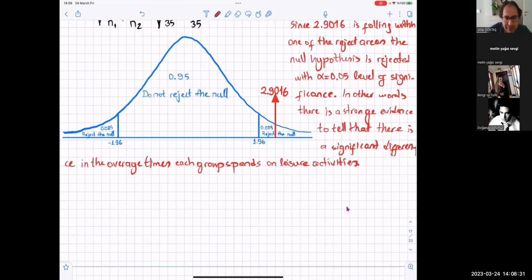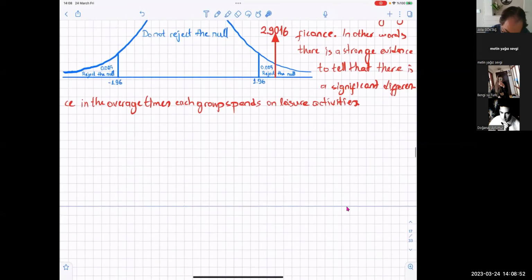You can also try to have a confidence interval for the mean difference. Since there is a significant difference, we will definitely find that the lower bound, because the mean difference, the calculated statistic, is positive, will be positive and the upper bound is also positive.